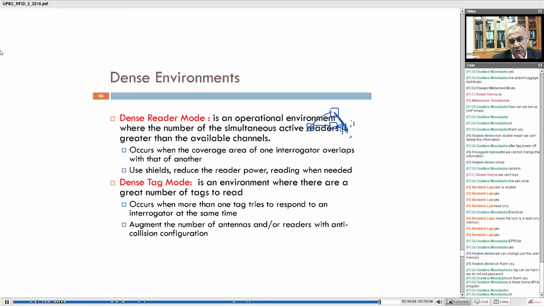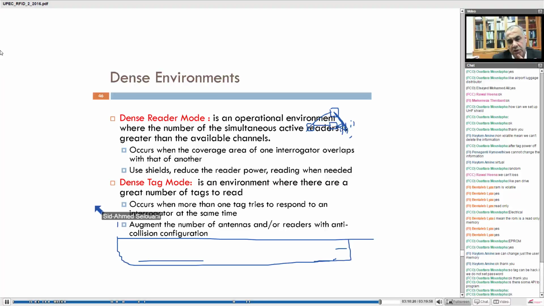So dense tag mode occurs when more than one tag tries to respond to an interrogator at the same time. To avoid this, maybe augment the number of antennas, so this can manage to have an answer with the other antenna, and add an anti-collision configuration.